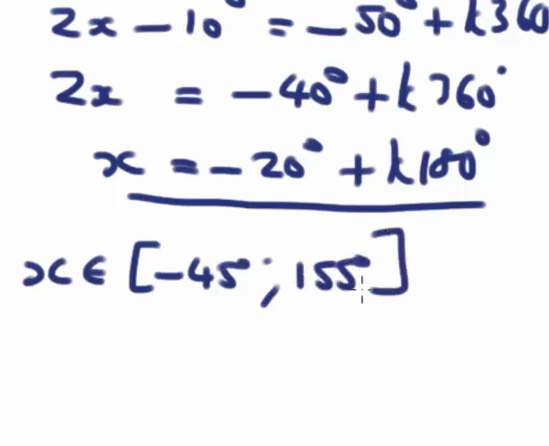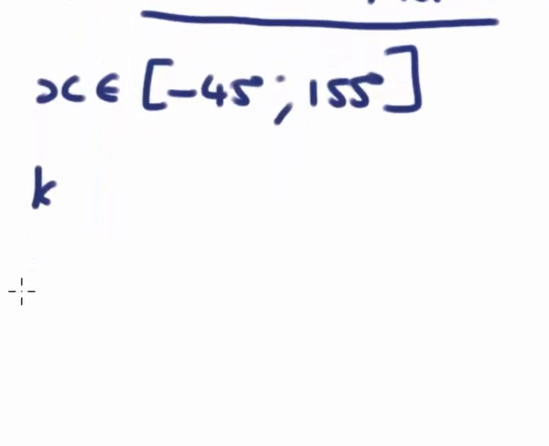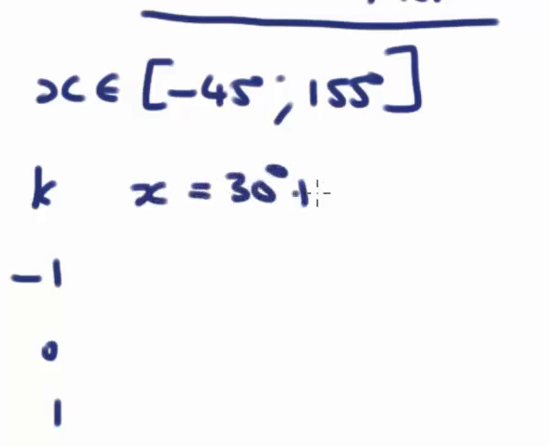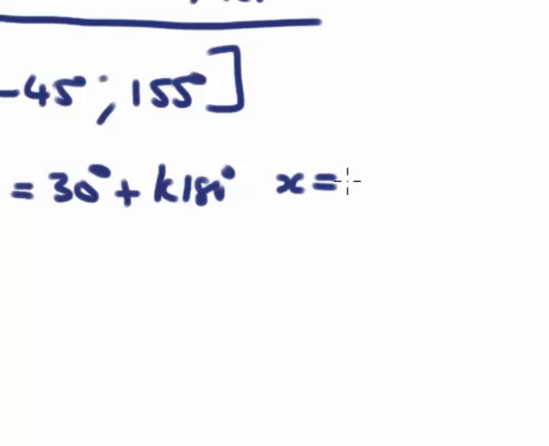Now all you have to then do is I draw a little table. So I put my little general solutions there. In fact, we can put some values for k here, which will be easier, and maybe we can choose negative 1, 0, and 1. If you remember, let's put our little general solutions there. 30 degrees plus k 180, and the other one was x is equal to negative 20 plus k 180.